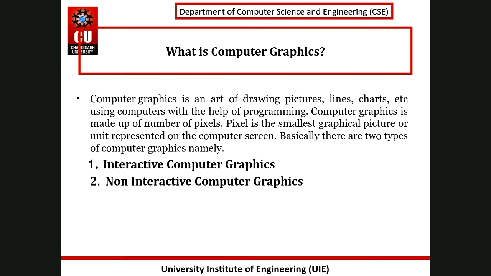So the first one is non-interactive. In non-interactive, the user has no control over the images generated by the display devices. What do you mean by display devices? Like our monitor is a display device. Our LED or LCD screen is a display device.